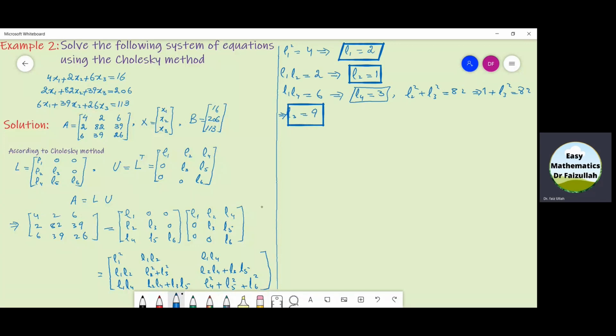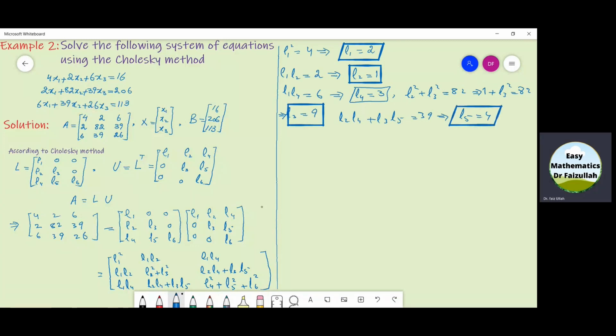And now from the next one we have L2 L4 plus L3 L5. This is equal to 39. So if we simplify this, we have the value of L5, which is equal to 4.